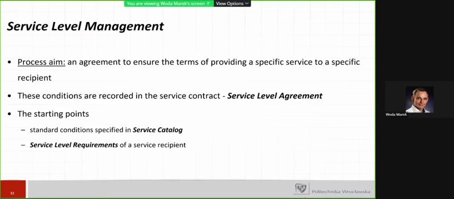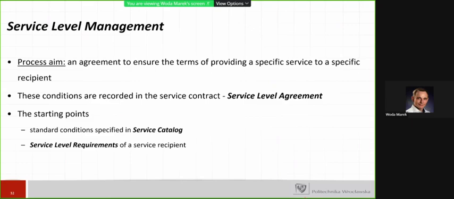So it's most likely not a formal service catalog for public service providers, but rather a list of offerings like a menu in a restaurant. That is something which is usually provided internally.